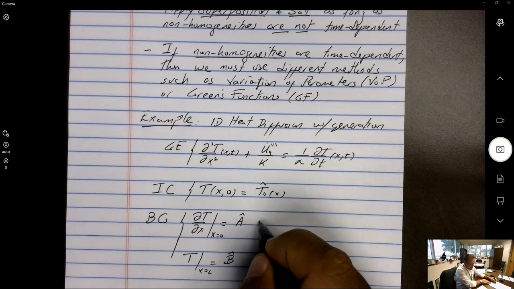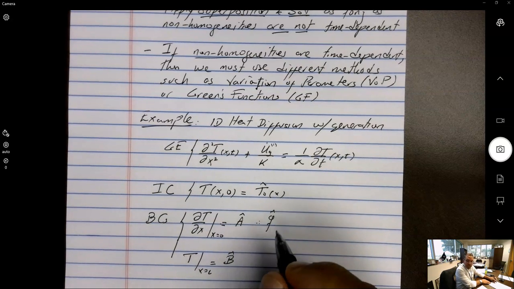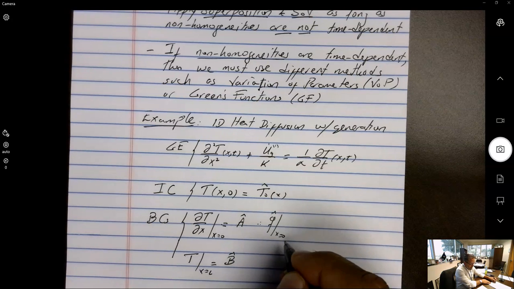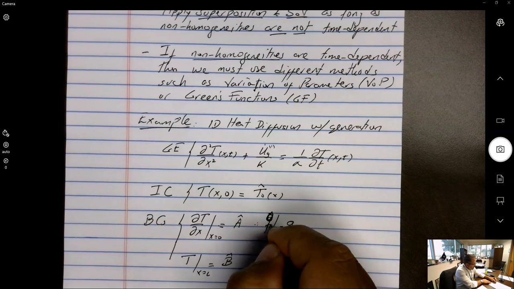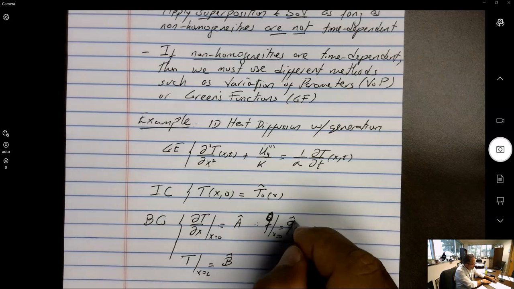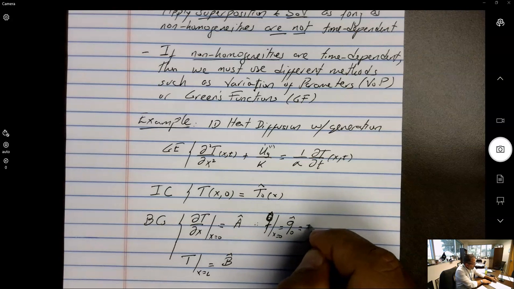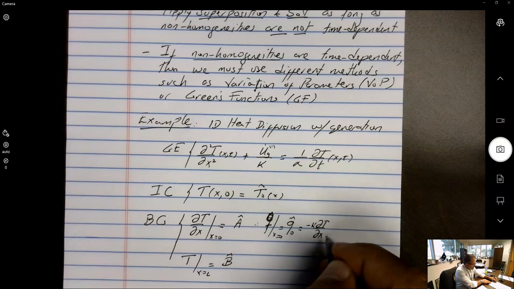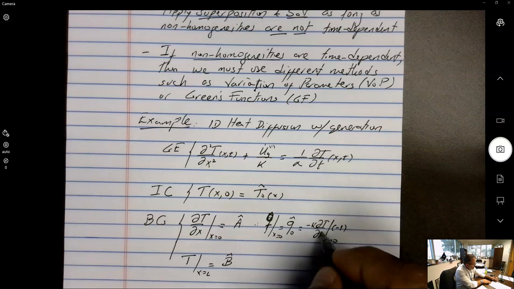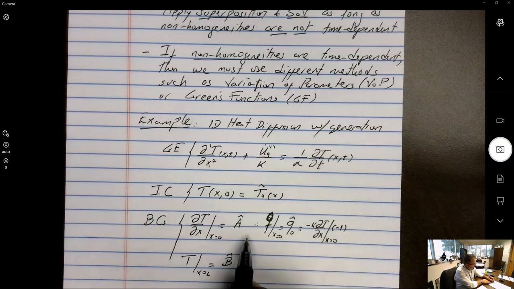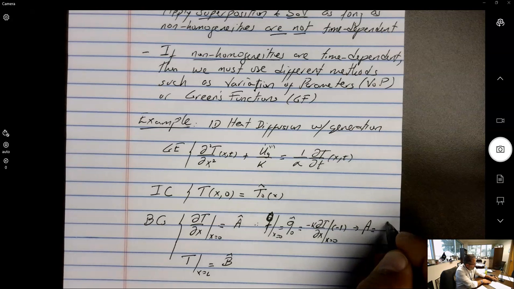Remember, this means that the heat flux Q, the normal heat flux, is given as some q0, which means that minus k dT/dx at x equals 0 times the normal vector at x equals 0, which points to the left, which is -1, is equal to q0. And therefore, the analogy is that this A is essentially q0 divided by k.